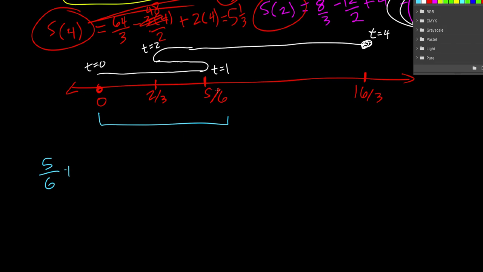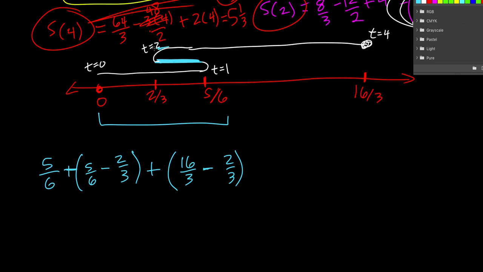Then we add that where we take 5/6 and subtract 2 thirds. That's going to tell us the distance from here to here. And then we add that to the distance from the endpoint, 16 thirds, minus 2 thirds, which is the distance from here to here.